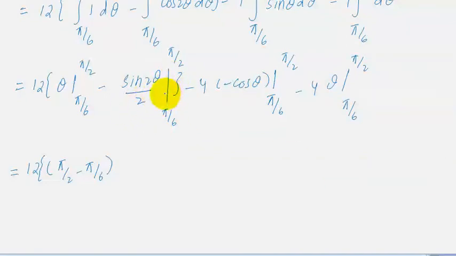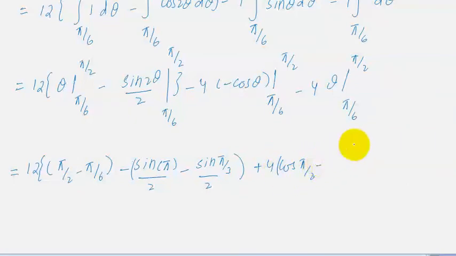Now the second integral becomes minus sin 2 pi by 2, which is sin pi, upon 2, minus, when theta is pi by 6, 2 theta becomes pi by 3, sin pi by 3 divided by 2, plus 4 times, it becomes cos pi by 2 minus cos pi by 6, minus 4 times pi by 2 minus pi by 6.